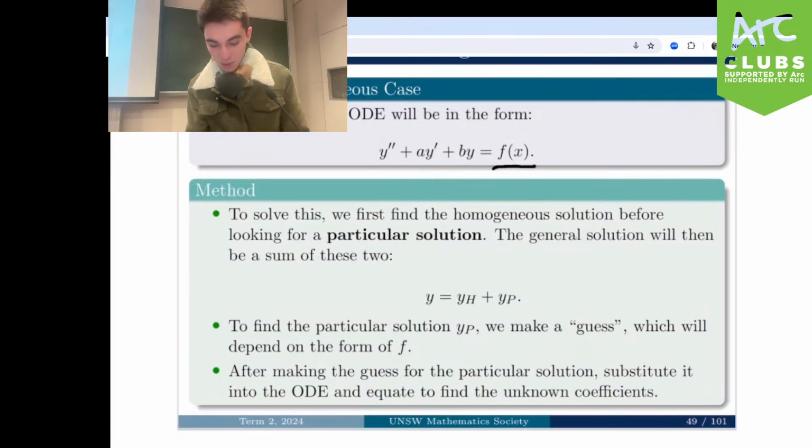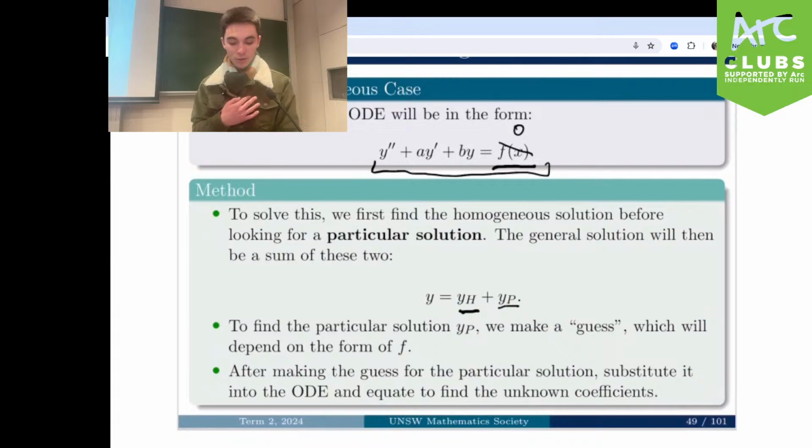The way that we solve these ones is we find the homogeneous solution. So that's basically us pretending that it is a zero sitting here, right? And finding the functions of x that would solve this simplified ODE, and then finding a particular solution, so one solution that fits this differential equation.